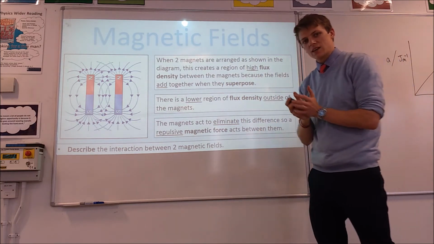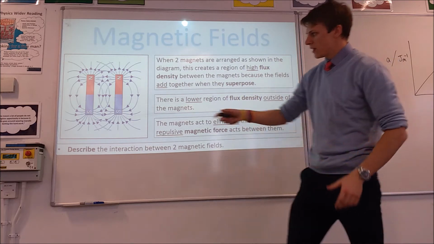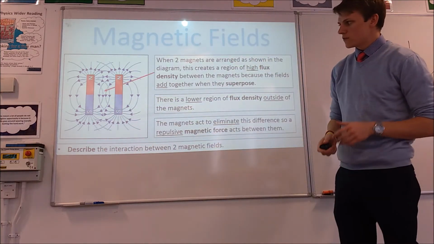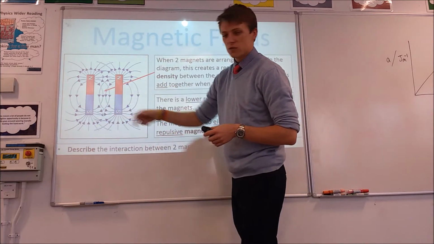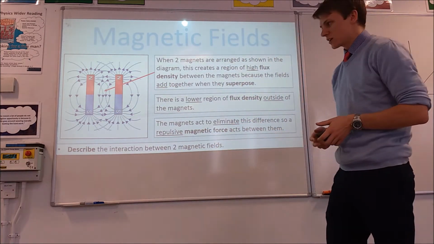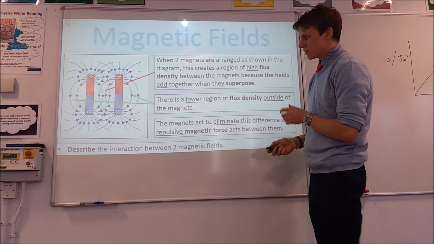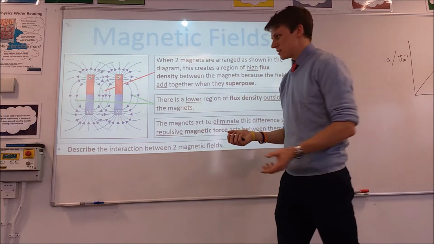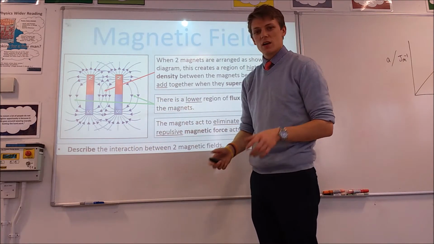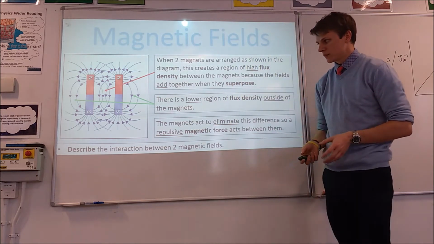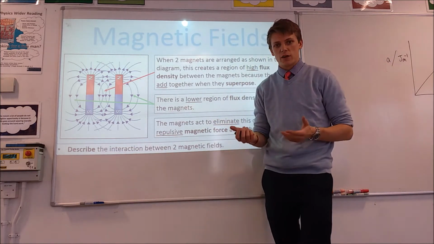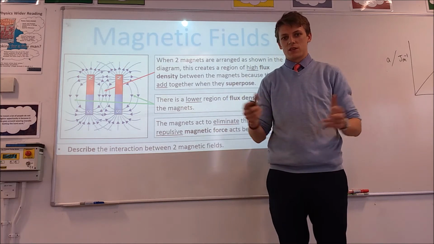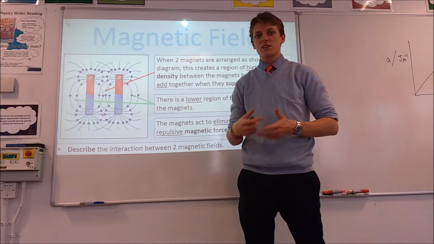But we can explain that in terms of flux density. Here in the middle, what we've got is a region of very high flux density because the two field strengths add together, because they're in the same direction at that point. Outside we've got regions of lower flux density because they haven't overlapped at this point, so they haven't really added together. One of the most fundamental laws of everything in the universe is that if you have a difference in something, that creates something to get rid of the difference.